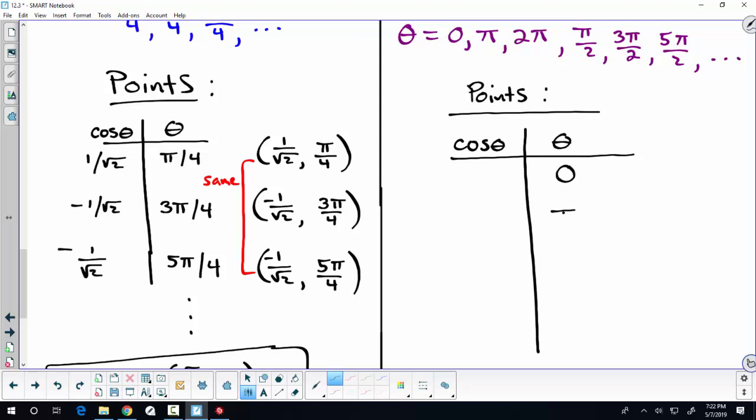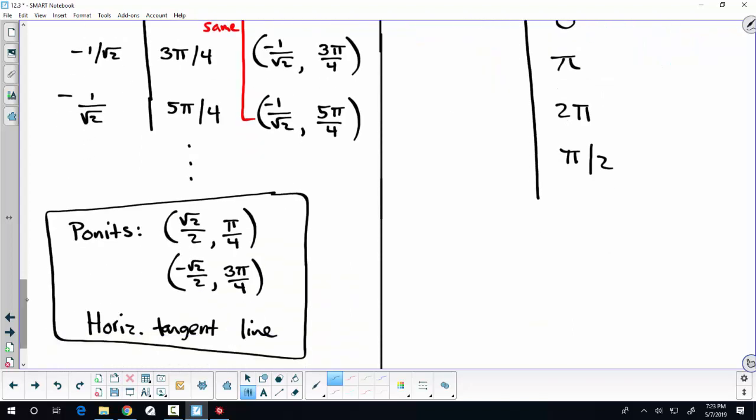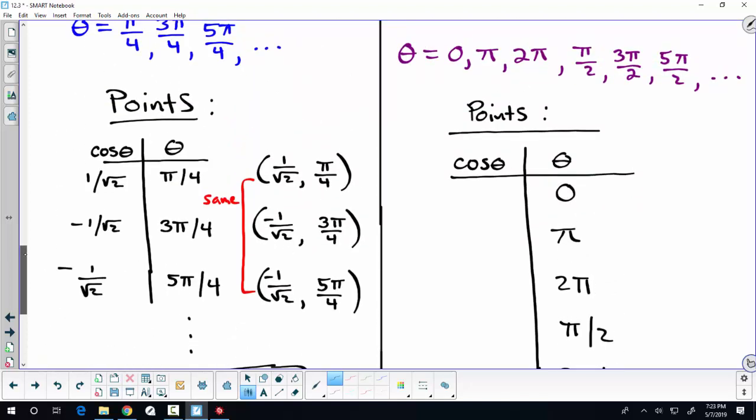I guess we'll just go in order on how we listed these. I don't know if we need to keep going out more, because really, there's only 2 unique points here. So let's see which ones they are. Cosine of 0 gives us 1, that's 1, 0. Cosine of pi is negative 1, negative 1 comma pi.